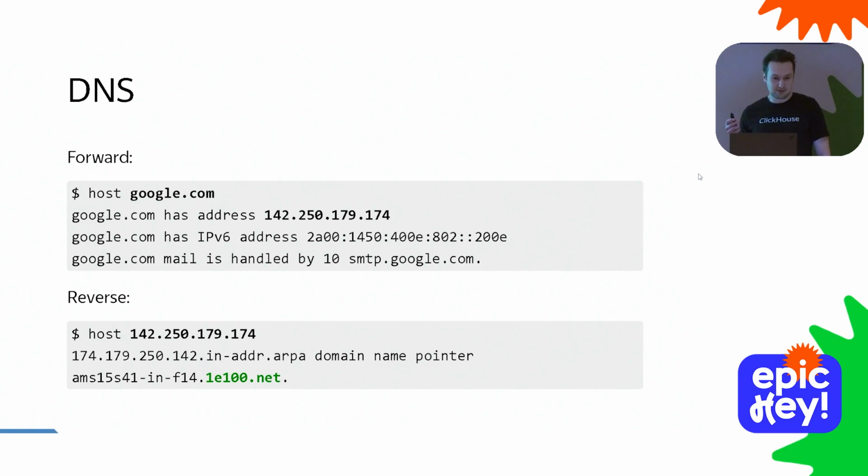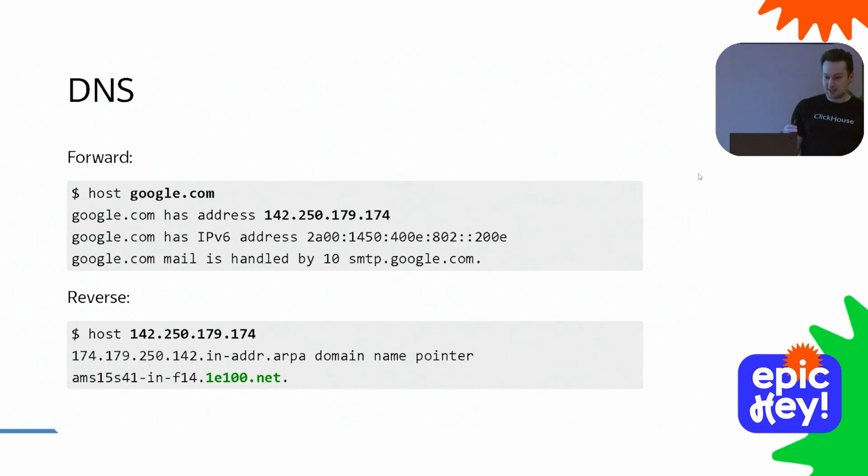Let's take it from DNS. Basically, what can we do? If you have any domain, you can type a command like host google.com and get its IPv4 address and IPv6 address. You can also do the opposite.